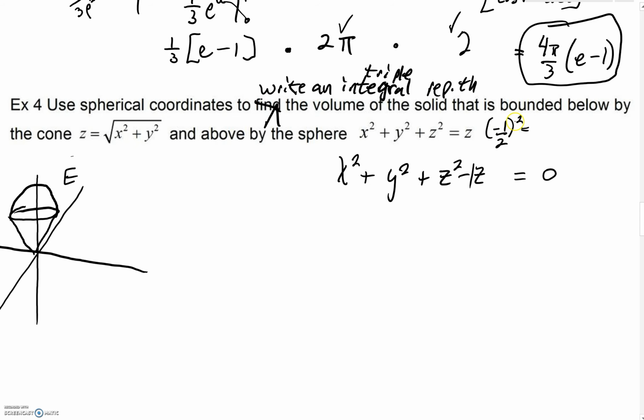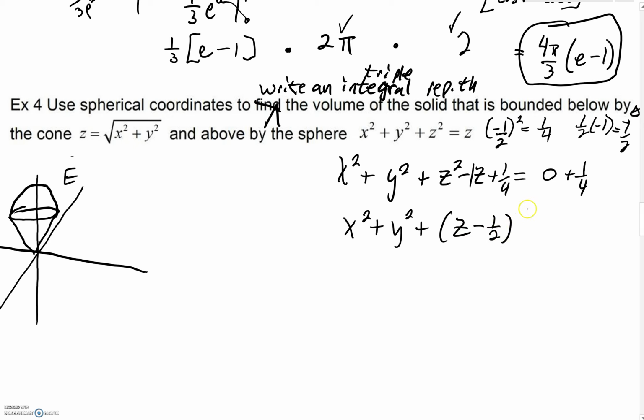We always take half of that middle term, and then we square it, and we'll get a 1/4. So we're going to add a 1/4 to both sides, and we'll have x squared plus y squared. And actually, what you take half of, that half of negative 1, a lot of teachers even say put a star by it, because that is honestly the term that you have in the perfect square.